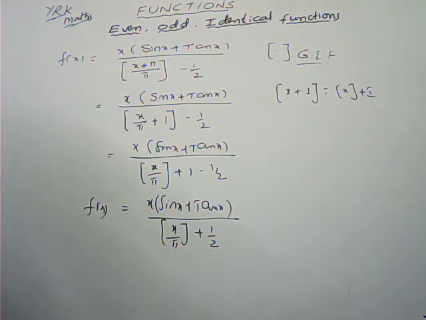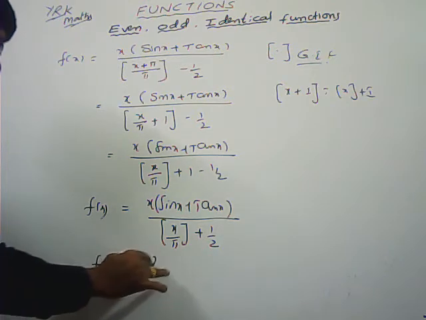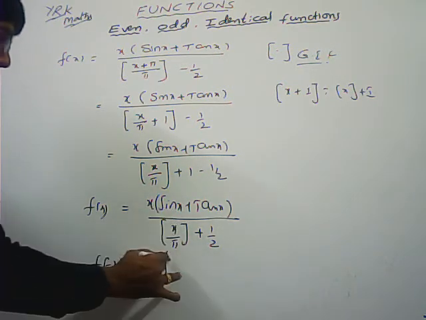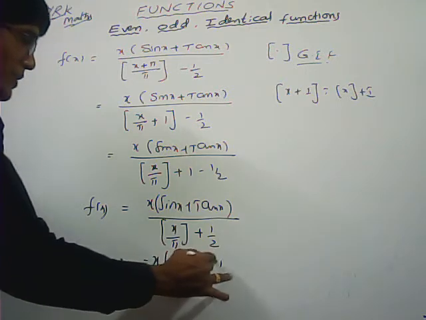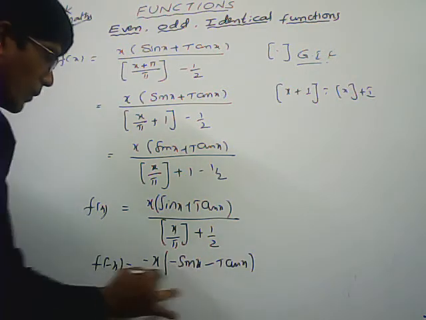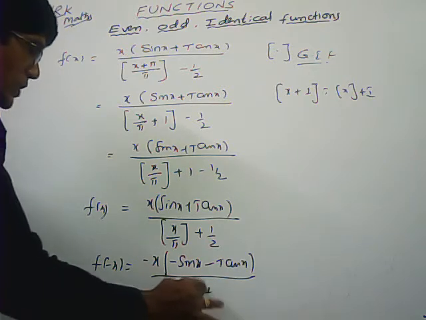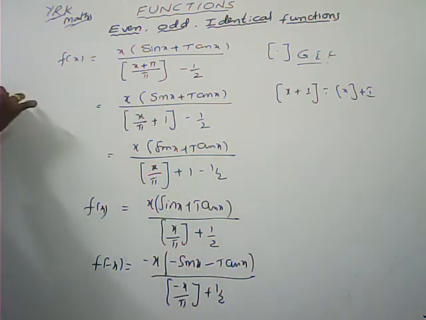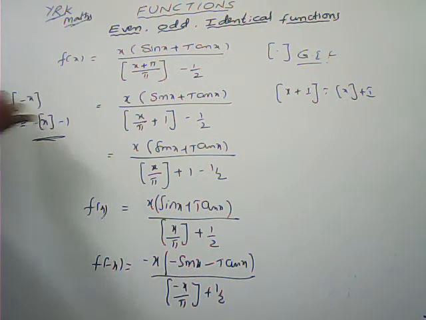This is the simplest form of the given function. Now here you can replace x by minus x. f of minus x equals minus x into sin of minus x, minus sin x, and tan of minus x also minus tan x, whole by step of minus x by pi plus 1 by 2. And the step function properties are there: step of minus x is equal to minus step x minus 1. Step of minus x equals minus step x minus 1.